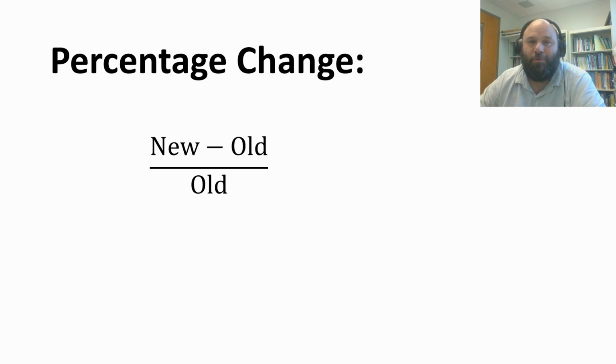Well, you compare that change to the original old value, and that gives you a percentage that tells you how significant it is. Note that this equation is very simple. It leaves off the times 100, because that is just converting to a percentage. We're going to just do that without cluttering our formulas, and we'll go back and forth between decimals and percentages.